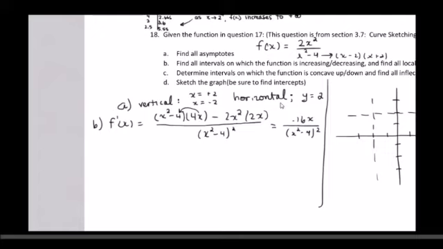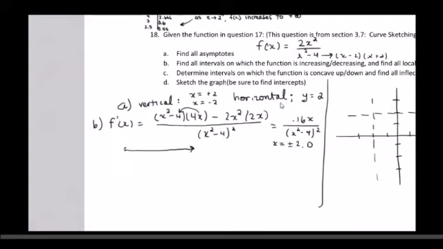So critical numbers are going to be x equals plus or minus 2 so far. And then a rational function such as this one, if we set it equal to 0, a rational function equals 0 only if the numerator is equal to 0. And in this case, the numerator equals 0 when x is equal to 0. So those are my critical numbers.